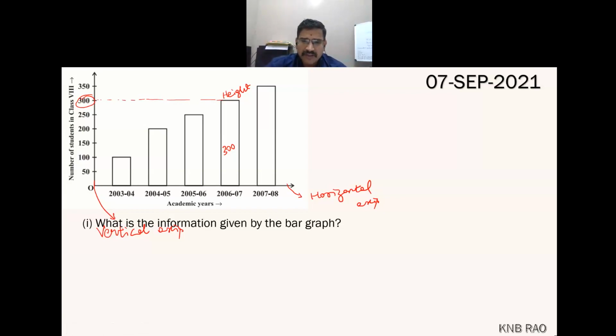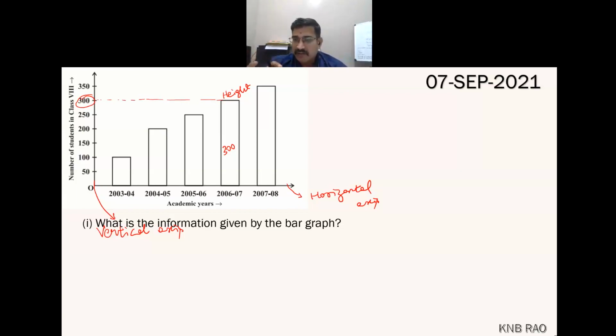Here is question number 1. What is the information given by the bar graph? The strength of class 8 students in a school in the academic years from 2003 to 2008.